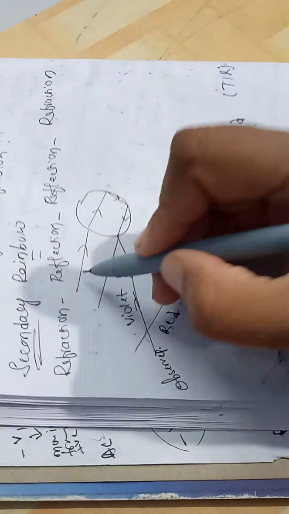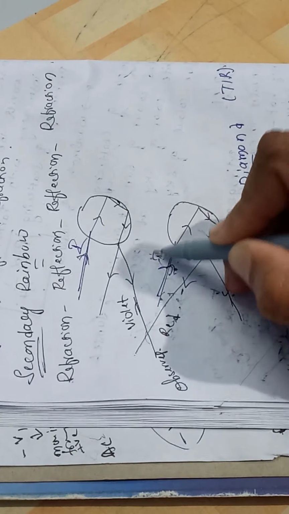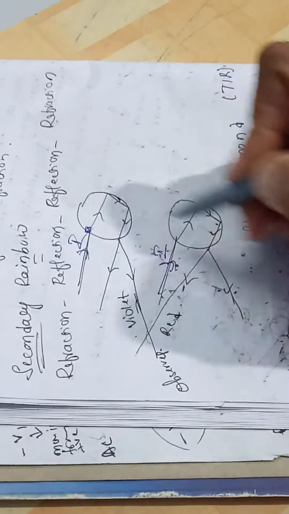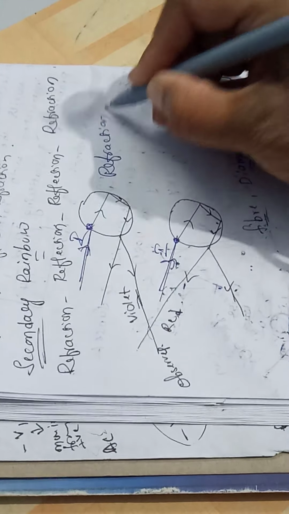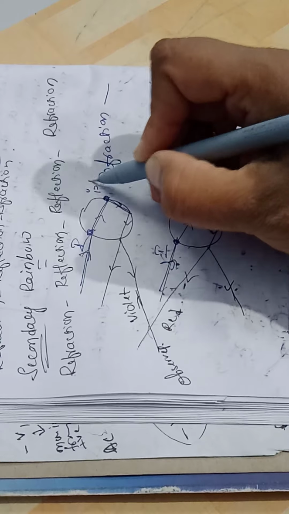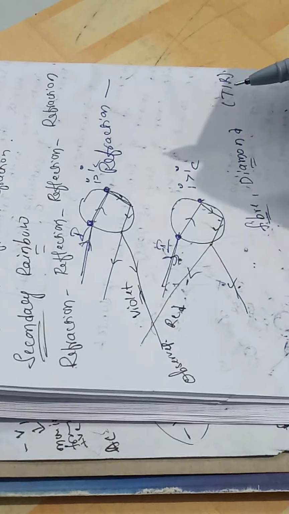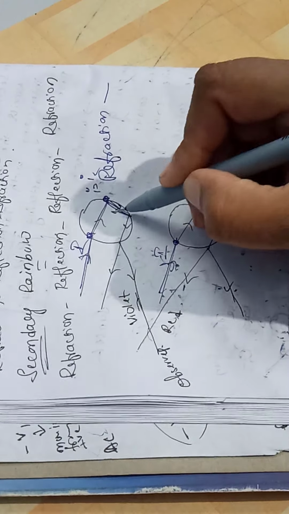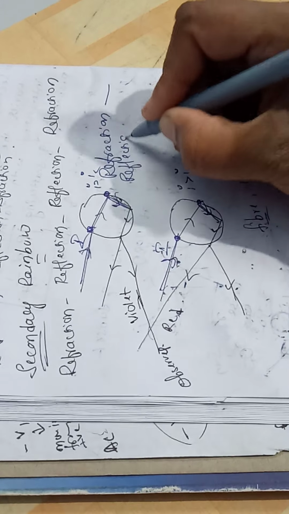Now next, secondary rainbow: incident ray, 2 raindrops. Here refraction takes place at the first surface. Now here I becomes greater than IC for both raindrops, and it reflects. It undergoes total internal reflection.